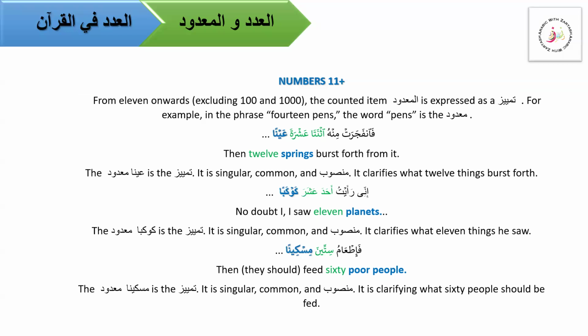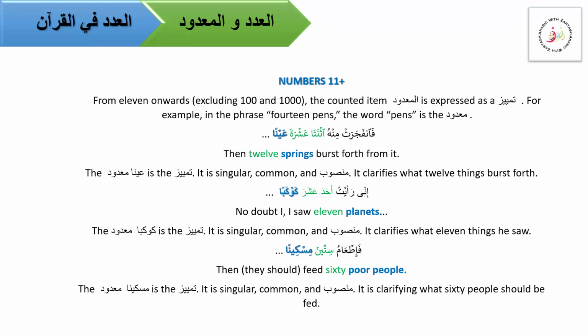It should be singular, it should be common, and it should be mansoob. That's a tamyiz. It clarifies what 12 things burst forth, and that's what the tamyiz means, because it just gives the explanation to the vague numbers or the vague sentences. So that's our tamyiz.